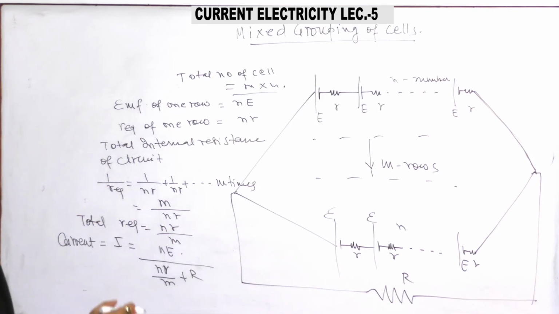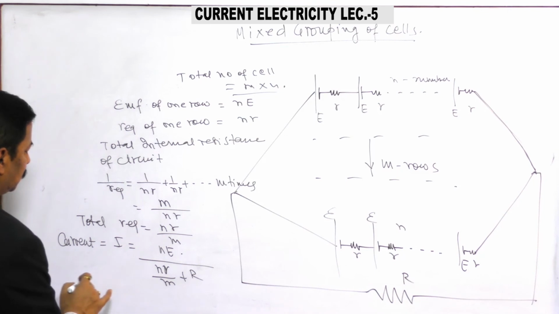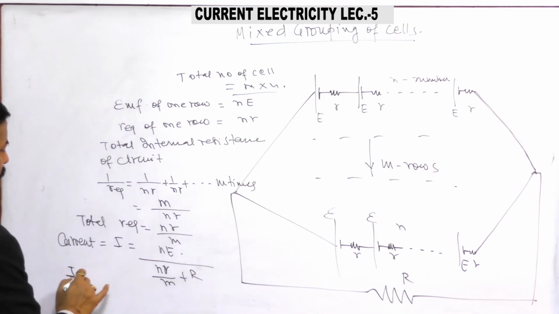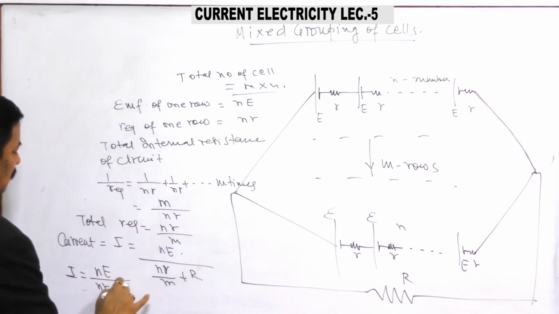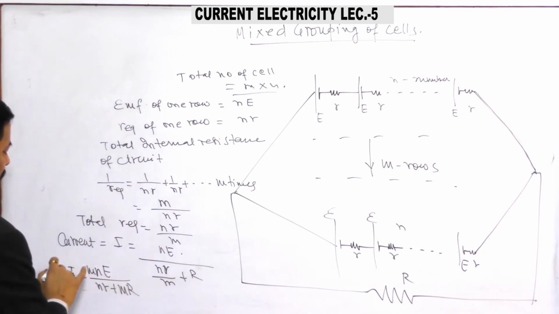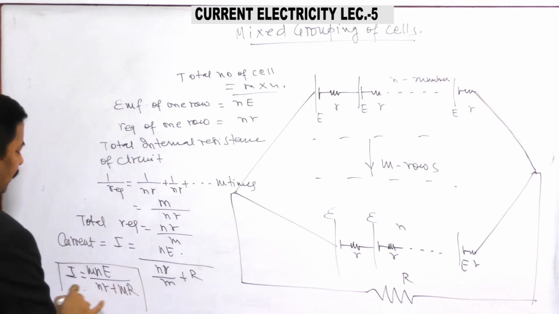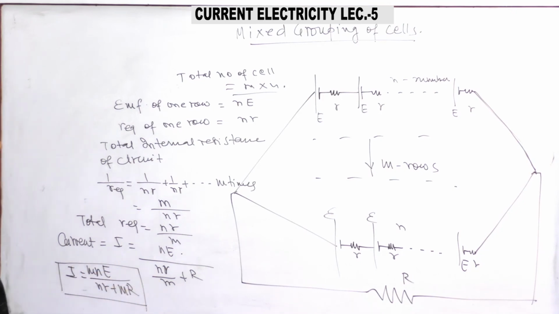So this is the current we are getting: I is equal to mnE by nr plus mR.